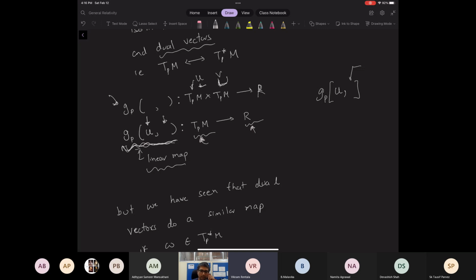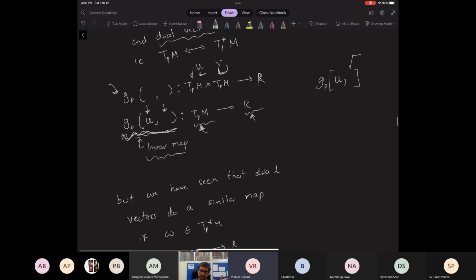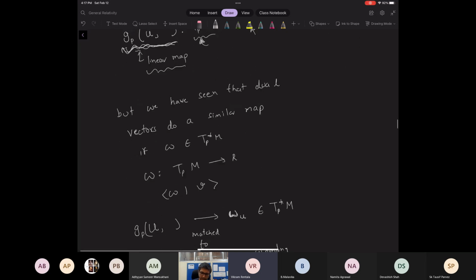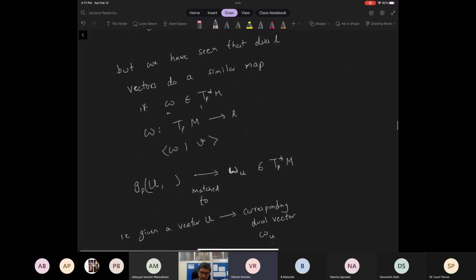But we've already seen that dual vectors do exactly the same job. If I take any dual vector belonging to the cotangent space, its job is that it takes a vector from T_P M and maps it to a real number, omega_P of V. So in other words, we can think of this operation as picking out a particular dual vector.